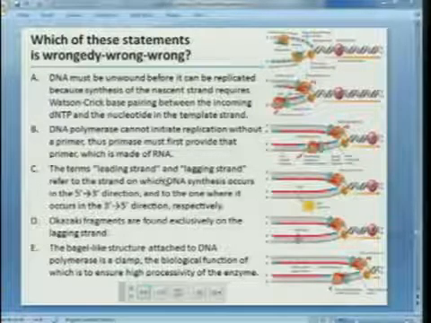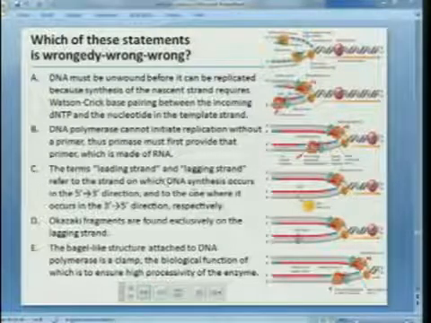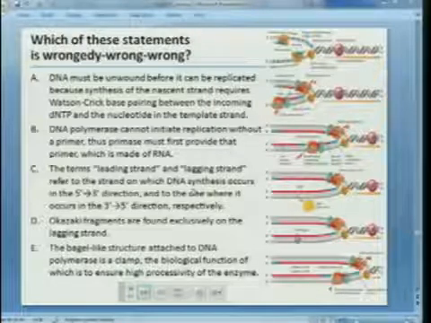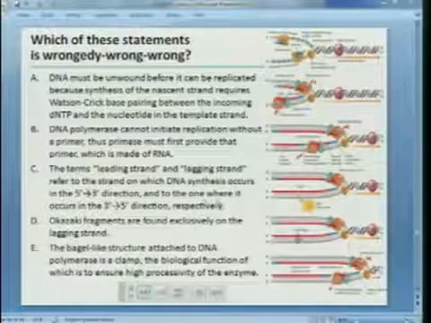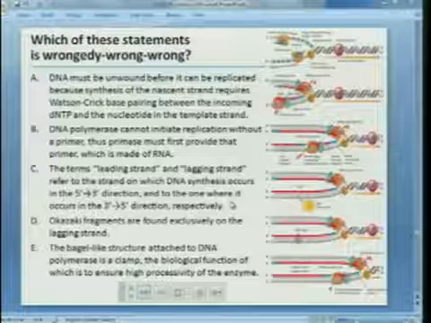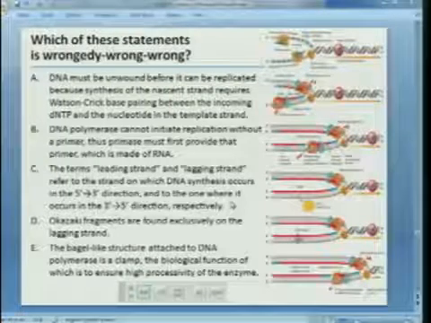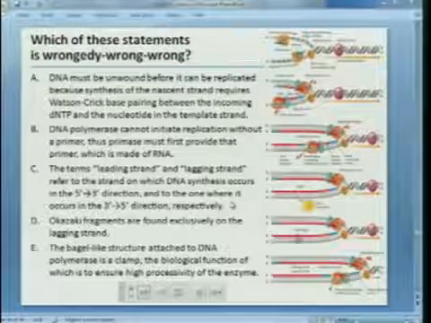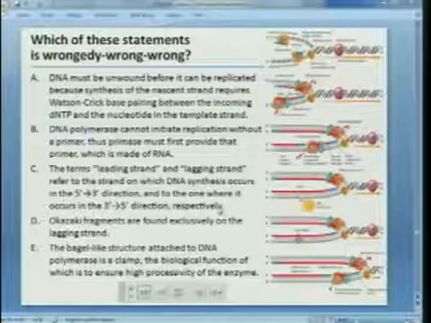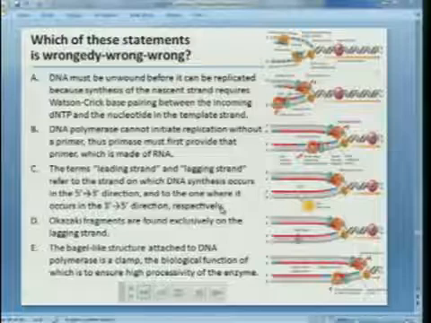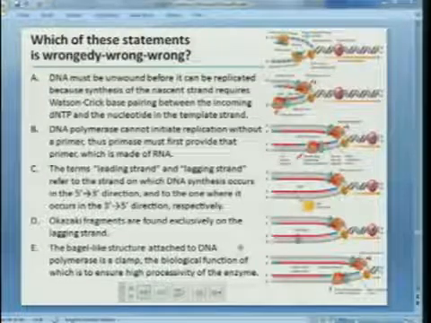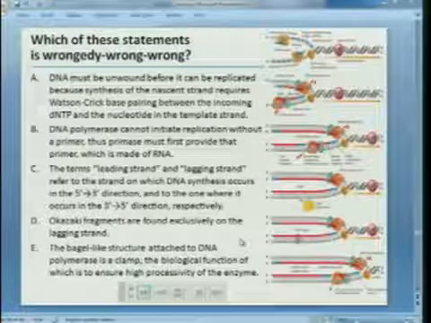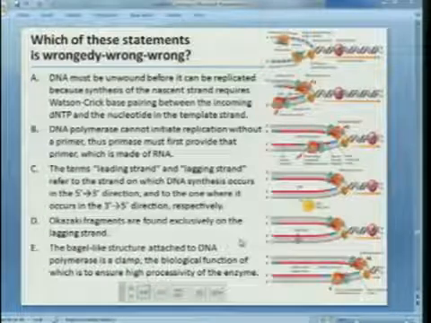C, the terms leading strand and lagging strand refer to the strand on which DNA synthesis occurs in the 5' to 3' direction, and to the one where it occurs in the 3' to 5' direction, respectively. D, Okazaki fragments are found exclusively on the lagging strand. And E, the bagel-like structure attached to DNA polymerase is a clamp, the biological function of which is to ensure high processivity of the enzyme.